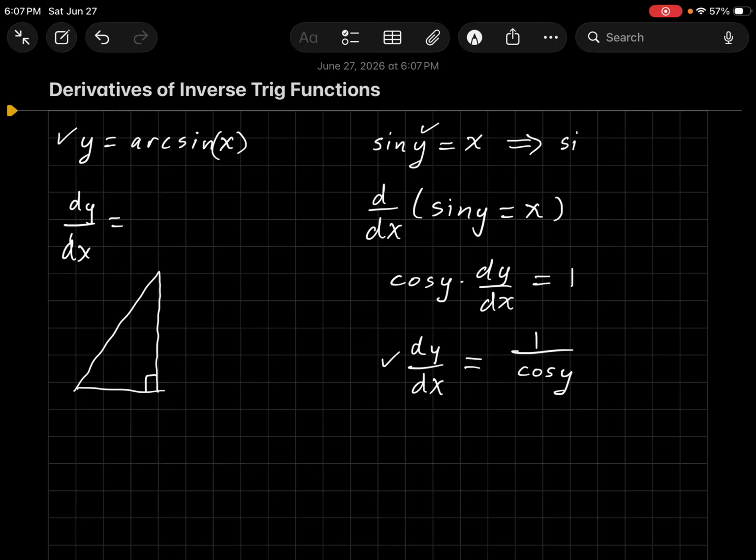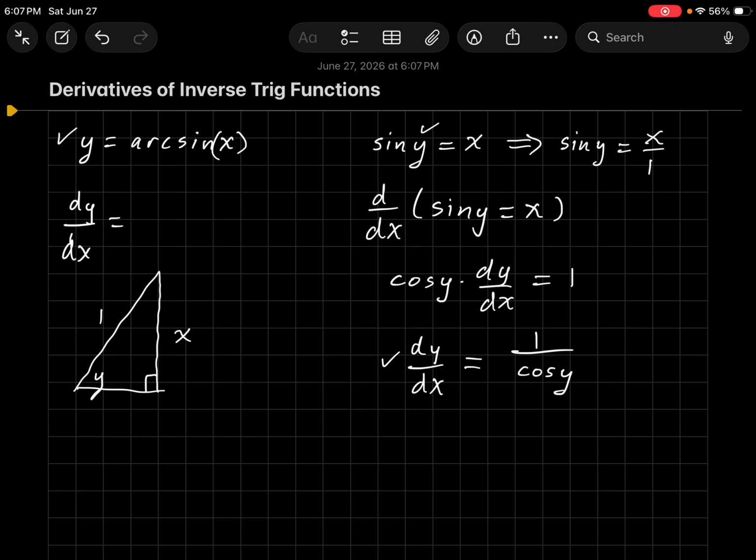We get the sine of y equals x, or x over 1. So if we're doing the sine of y, y is the angle, and I'll put the angle right there. And if I choose that to be the angle y, where sine is opposite over hypotenuse, I can put x on the opposite side and 1 on the hypotenuse.